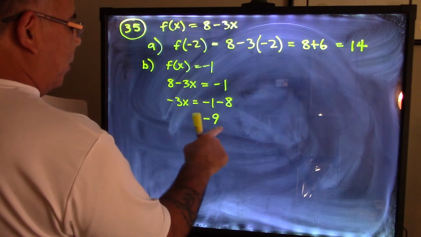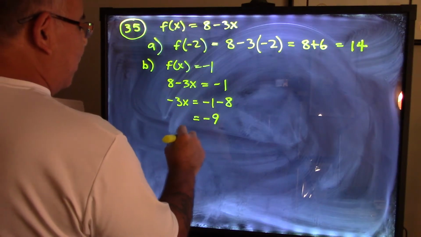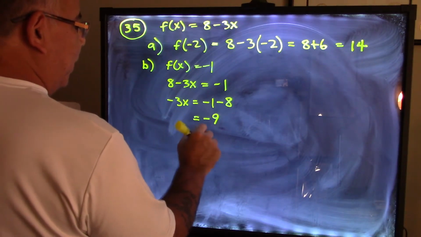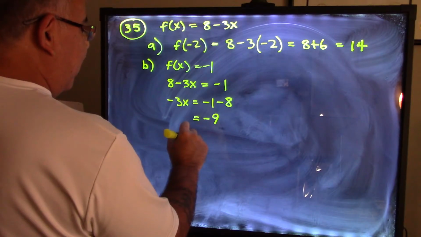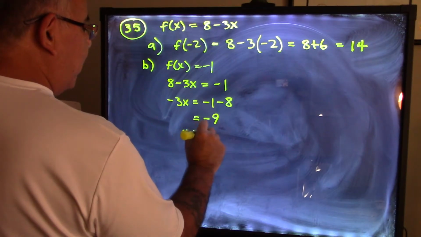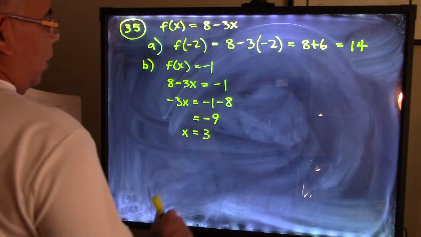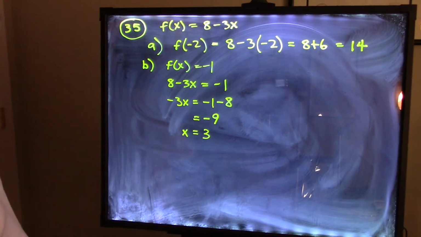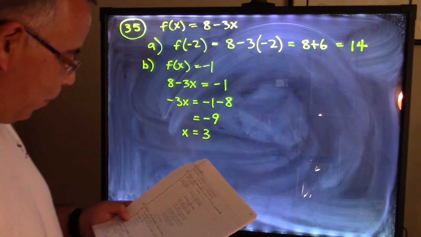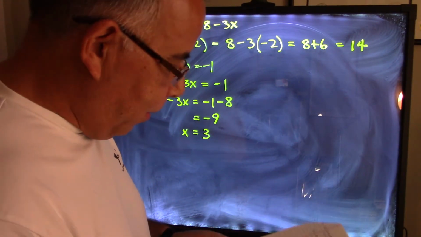Divide both sides by -3, and -9 divided by -3 is +3. Or on this one, you could just do it in your head. It's pretty simple: -3 times what equals -9? Well, it must be 3.